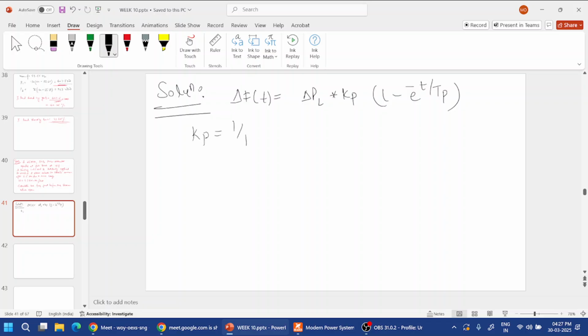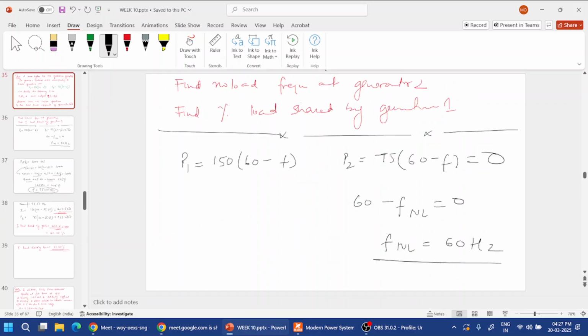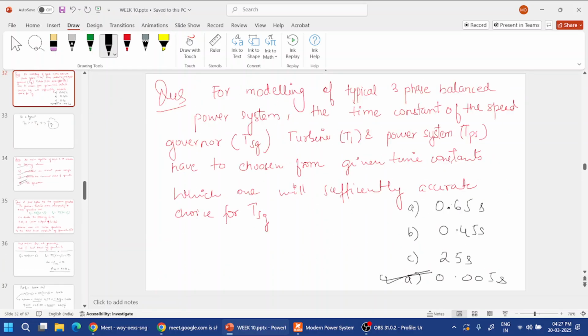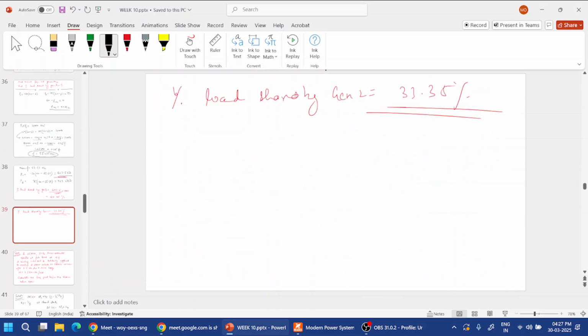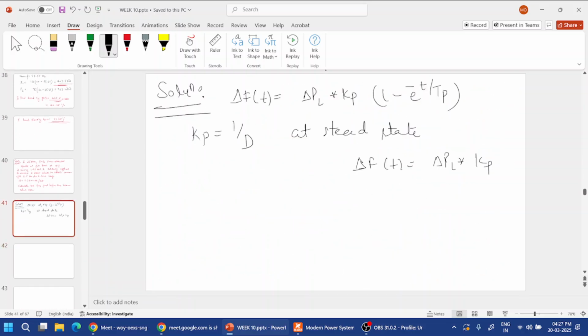Kp is 1 by D. And we know that at steady state, the frequency is del PL into Kp. We just calculated this in the previous equations, like I'll show you here. So using that information, we can use this.